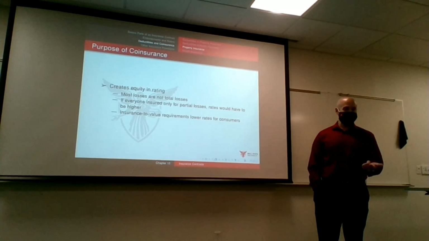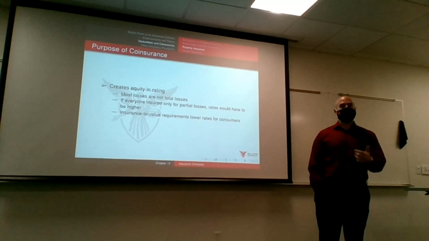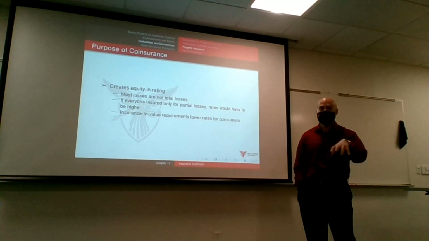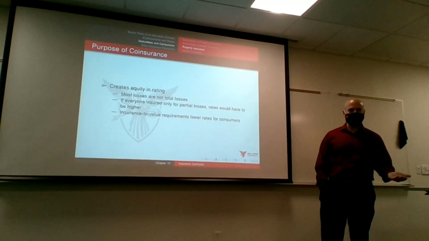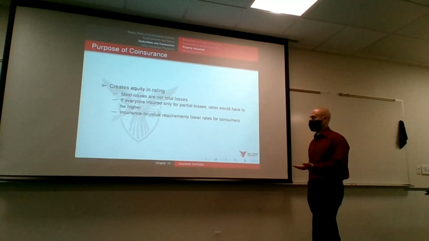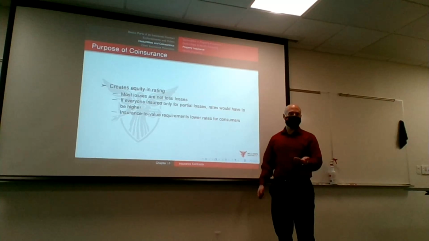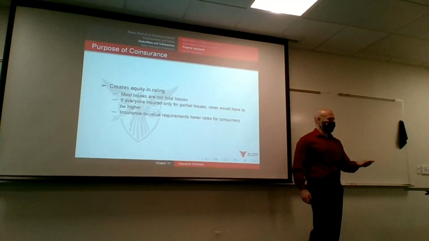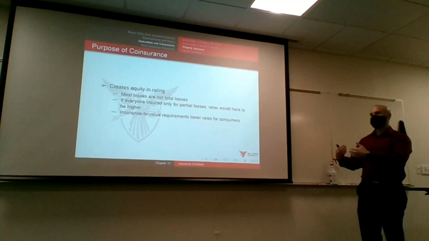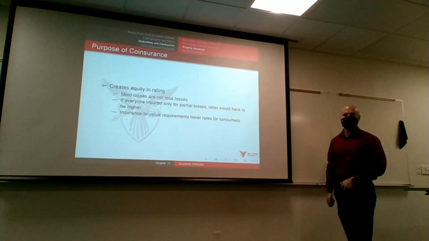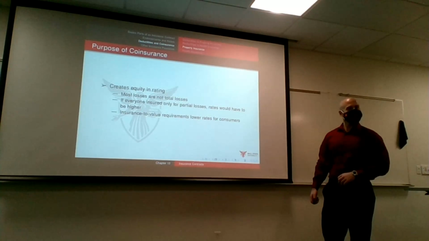And if everyone insured for partial losses and we didn't have this co-insurance formula to kind of keep them in check, so you're 75% insured, why are we going to pay 100%? If we didn't have something to keep people in check, we'd have to charge more. And it could be that we're definitely charging more than the expected loss, which is not ideal.